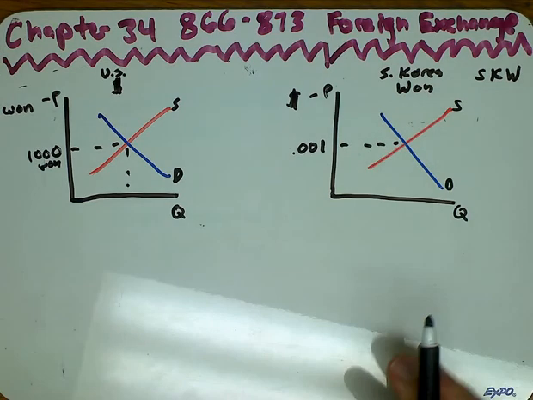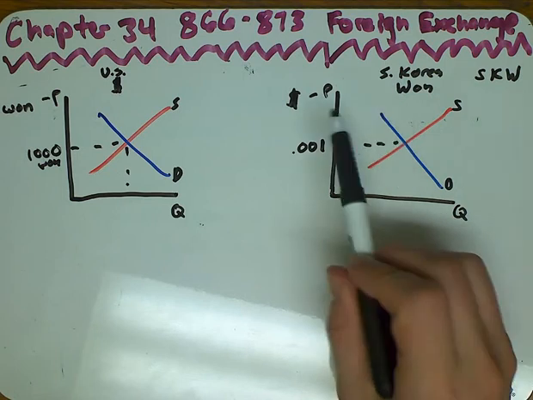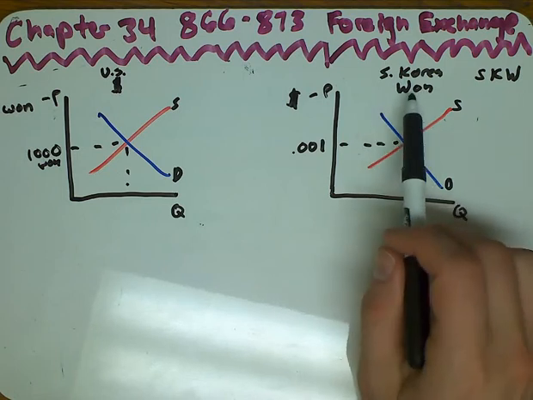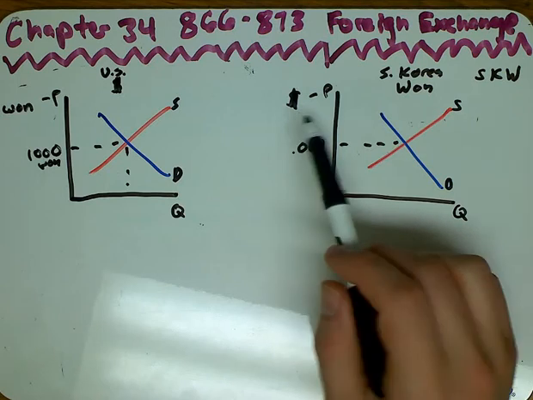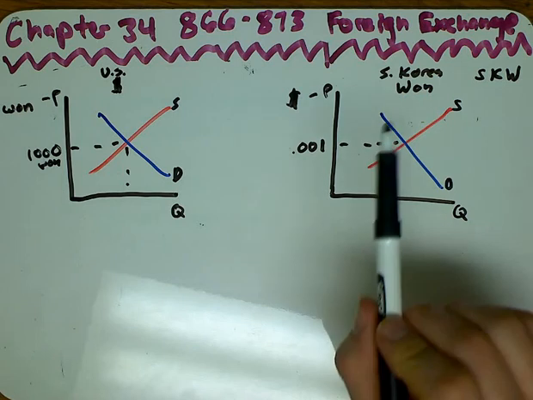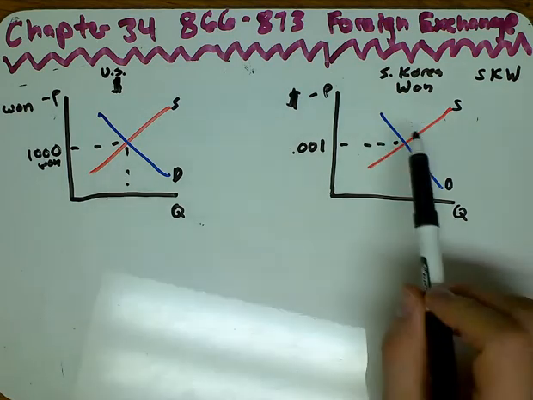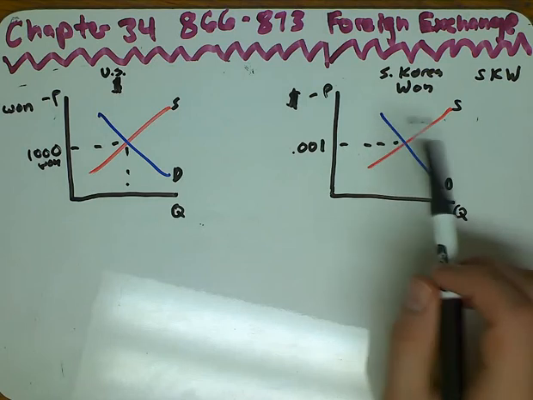I hope that makes sense. The price of a currency, or the price of money, is measured in another currency. Go back to like the money market. The price of money is measured in the interest rate, and this is international economics here. So the price of $1 is measured in won, or you could compare it to any other country. If this was Mexico, we could use pesos, or India, we could use rupees, whatever.